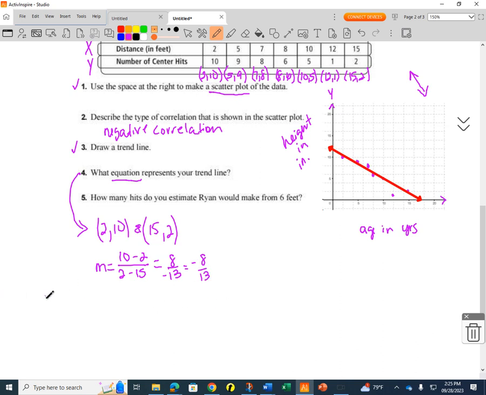Now I'm going to take that slope and one of my points, and I'm going to plug into point slope form because I need to write an equation. I'm going to start in point slope form because I don't know what the y-intercept is, so I can't start there.